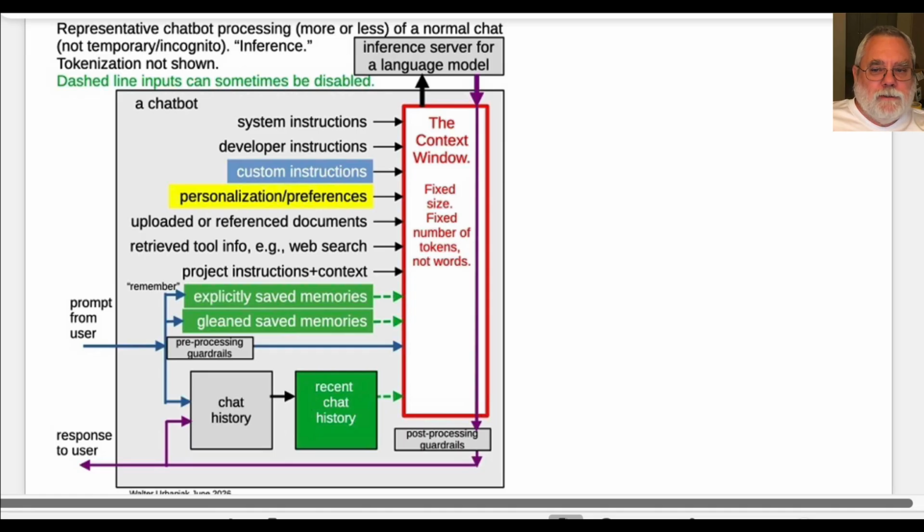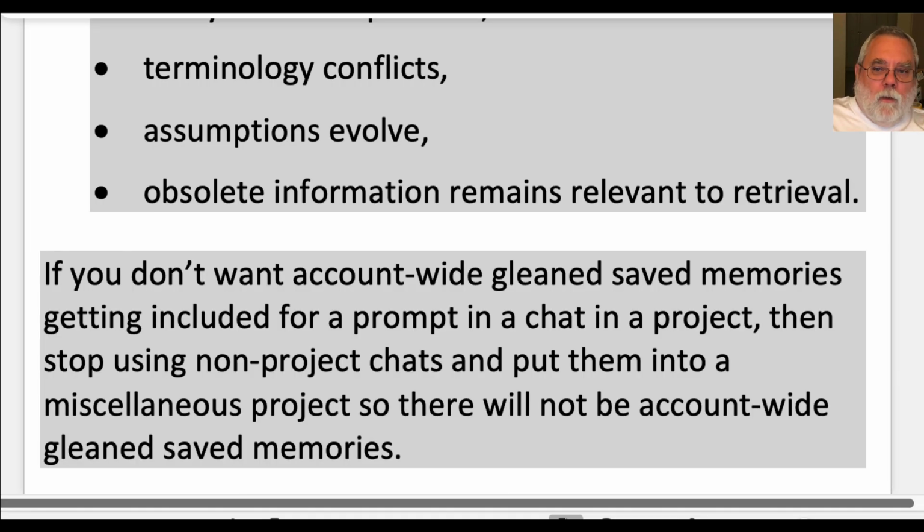For a prompt in a chat in a project, Claude and Gemini will include the gleaned saved memories for that project and the account-wide gleaned saved memories. If you don't want account-wide gleaned saved memories getting included for a prompt in a chat in a project, then stop using non-project chats and put them into a miscellaneous project so there will be no account-wide gleaned saved memories.